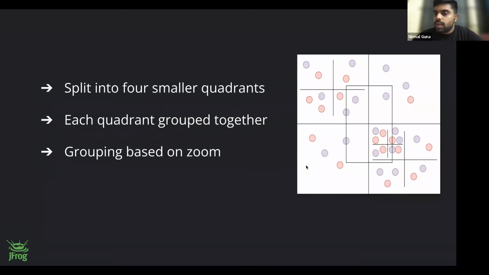So you will have only 4 markers, and when you zoom in to the second level, each quadrant will be split into another 4. Consider this one: it will be split into 4 quadrants, so these will be 4 different markers. In this way, as you zoom in for each level, each quadrant will be split, and each point will go to its own position. If it is alone, it will go to its own position. If it is together with another point, it will be grouped together.